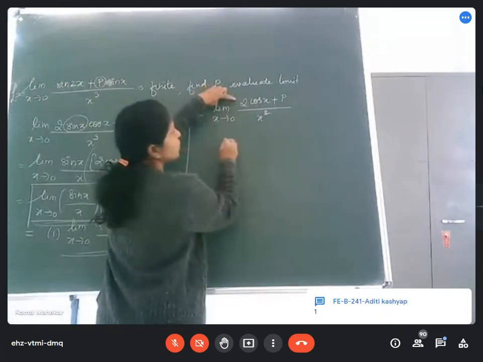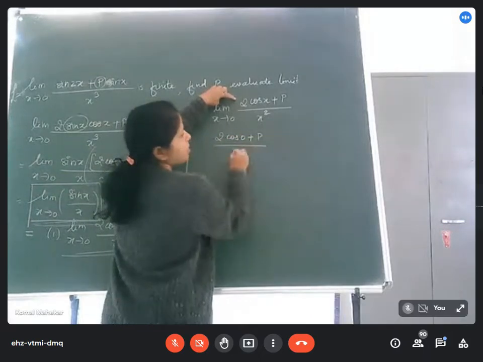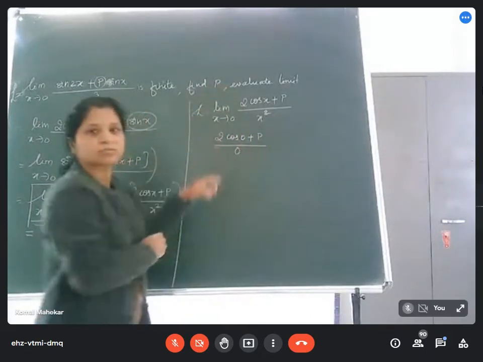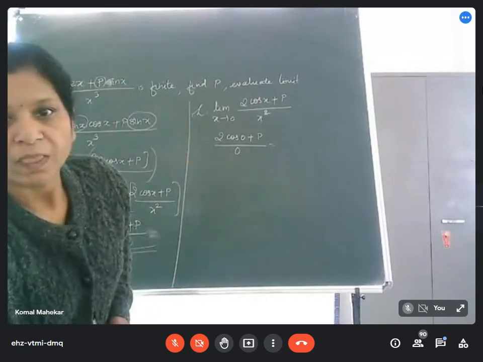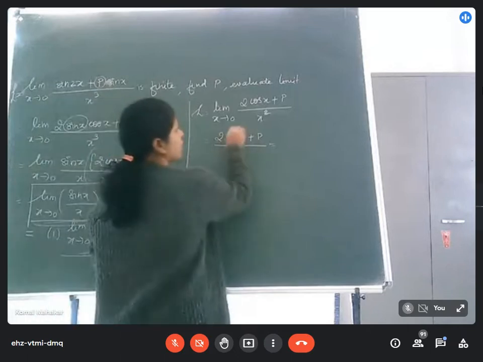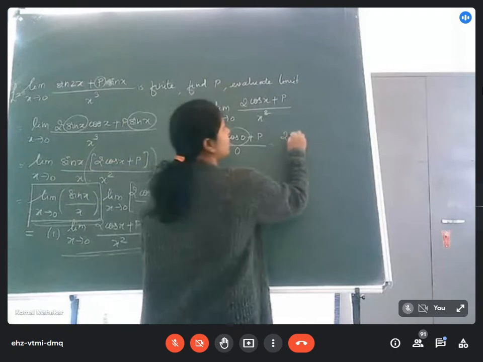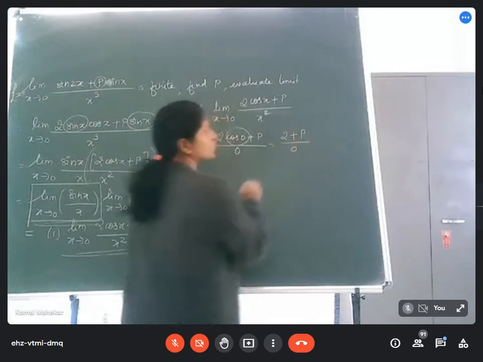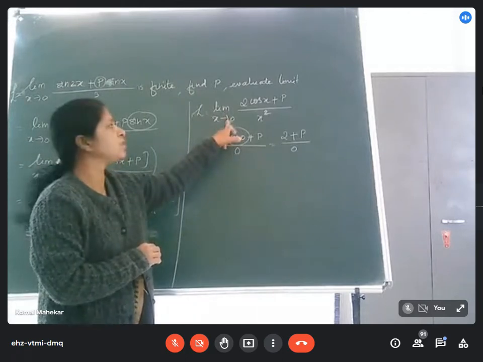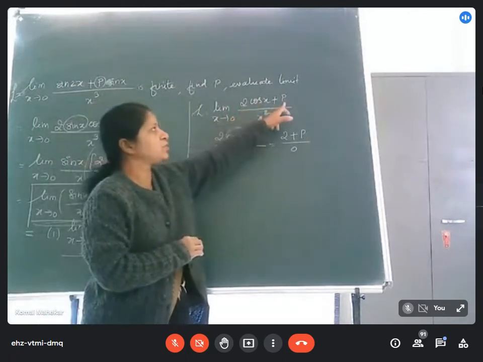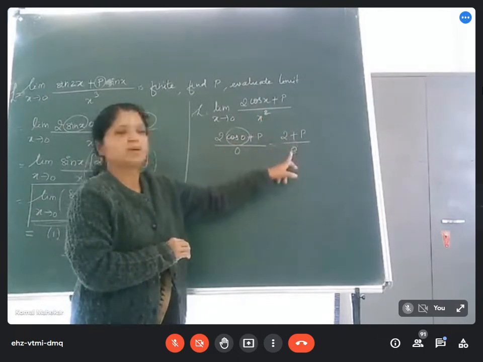We get 2 into cos of 0 plus p upon 0. We know that cos of 0 is 1, so this becomes 2 plus p upon 0.